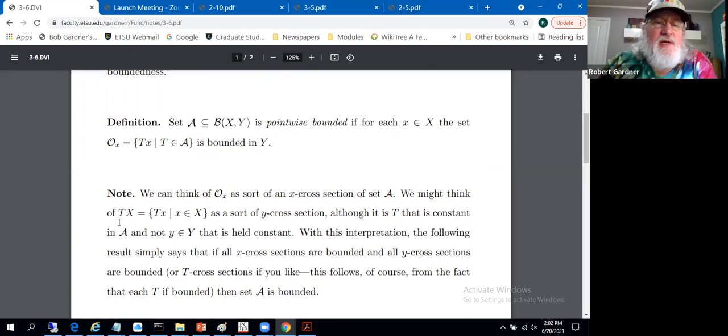If we looked at T of vector x as vector x ranges over set X, this is sort of a y cross section.